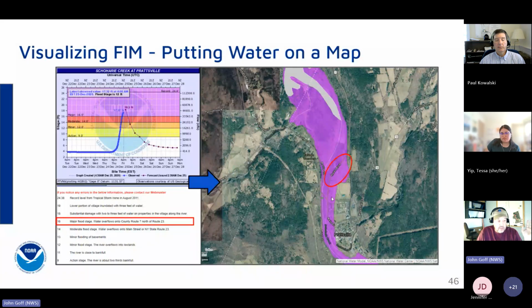So again, FIMs we're not sharing on social media, only internally through private conversations through email or chat, or through a request from public safety emergency management, people in the know that have an interest in floodplain management, things of that nature. So just keep that in the back of your mind.